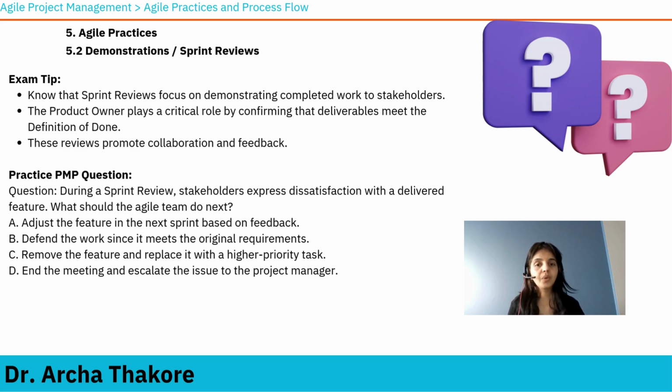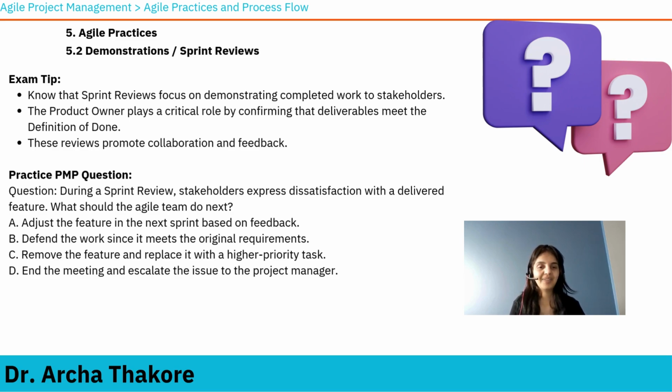So, you cannot remove it from the prioritization. Doing something else will not solve the problem with this feature. The last one, D, is end the meeting and escalate the issue to the project manager. No, first of all, the project manager will be present in this meeting, and escalating is never an option because agile teams are self-empowered. So the answer is going to be the first one.